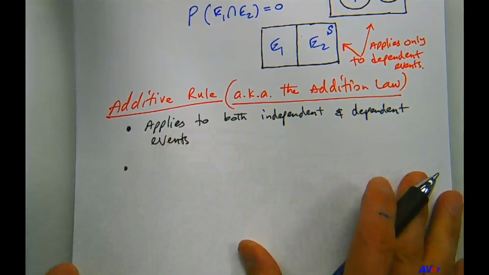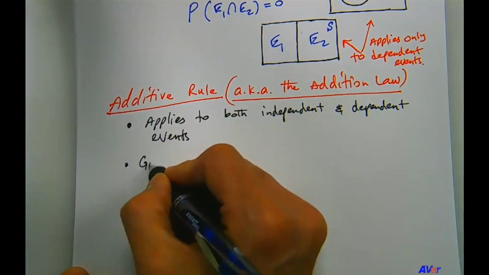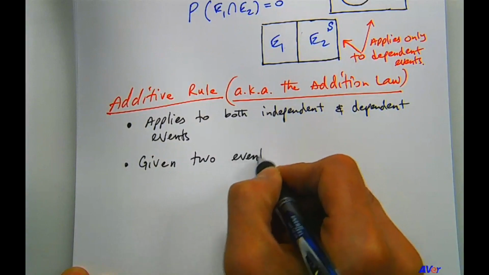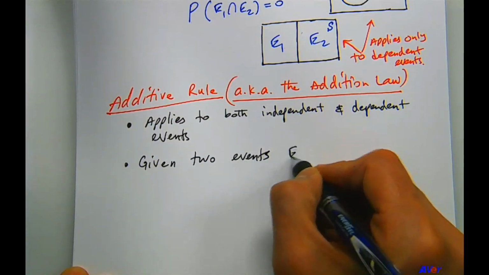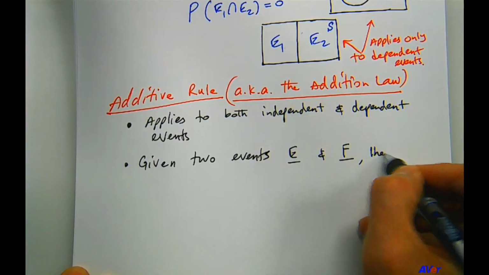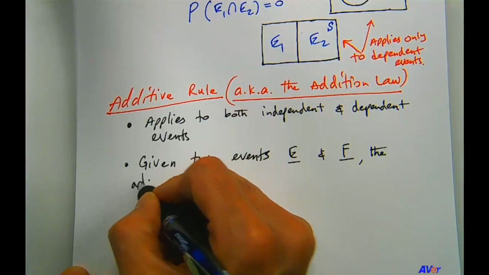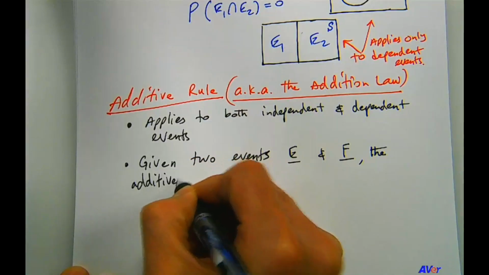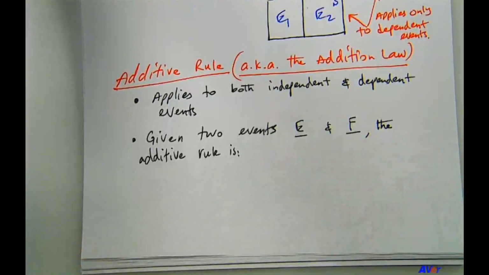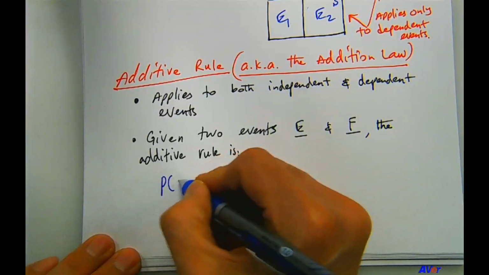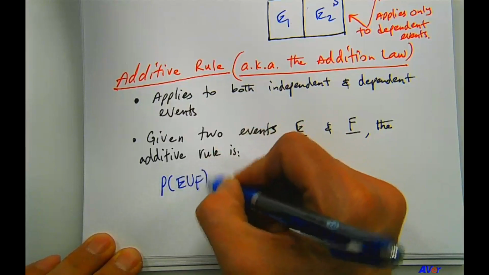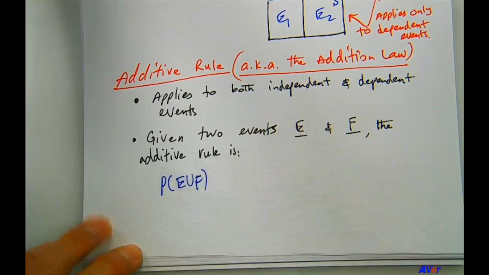Suppose, or given, two events E and F, the additive rule is: probability of E union F. Notice this whole thing is one variable.